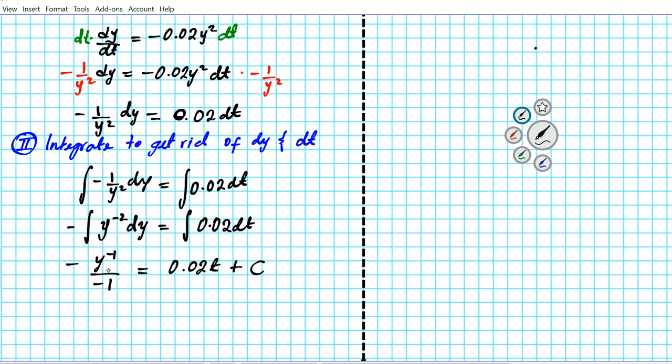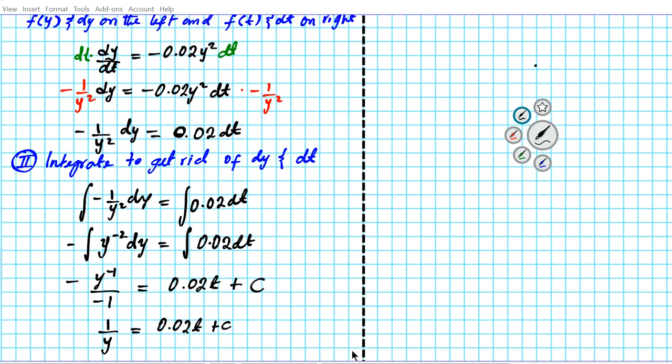So we have 1 over y using the reciprocal property of exponents, and then these two minuses slash and dash to become positive, equals 0.02 t plus c.